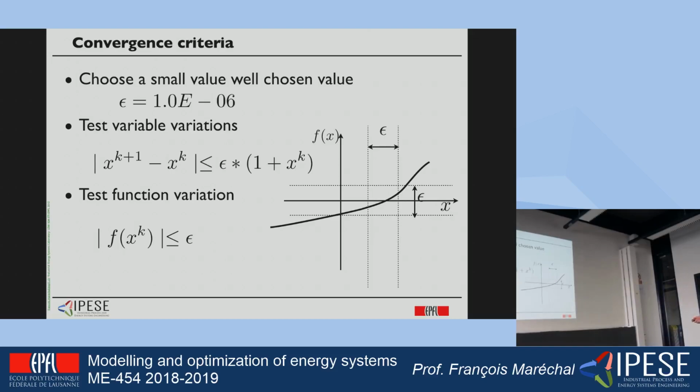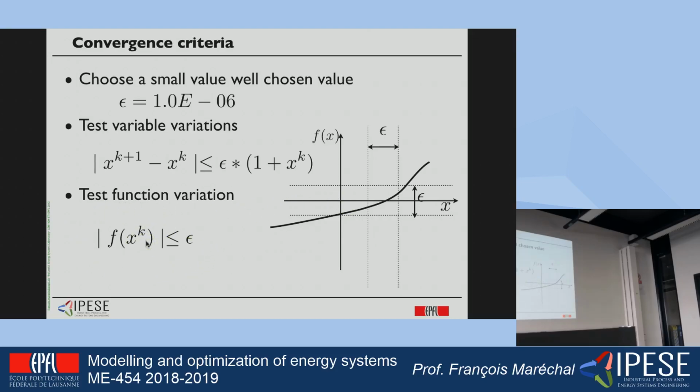Okay, so it means that I'm going to choose a small value, epsilon, which is representing close to 0, and I'm going to verify that the absolute value of the function is within minus 10 to the minus 6, or plus 10 to the minus 6. Okay? So if the absolute value of the function is lower than the epsilon here, then I declare that I am satisfied.